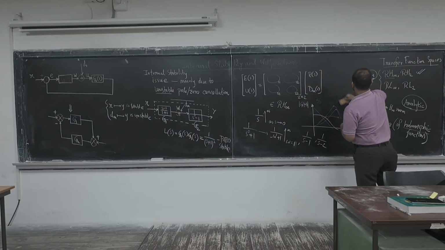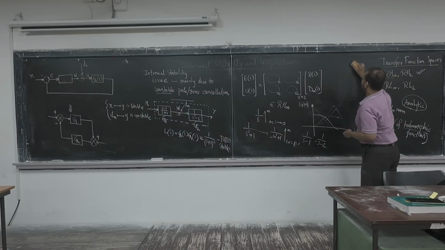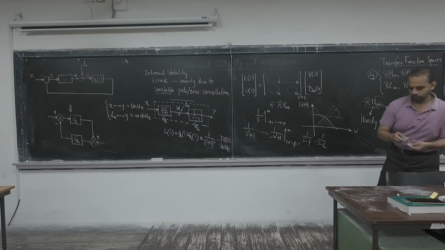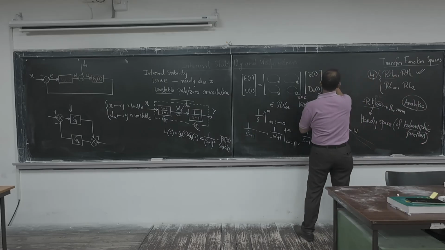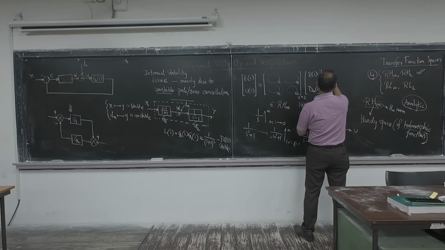Here we have found G1 infinity and G2 infinity separately and substituted there. But if we first find 1 by 1 plus G1 G2, and then substitute infinity in the expression, the same thing will come.